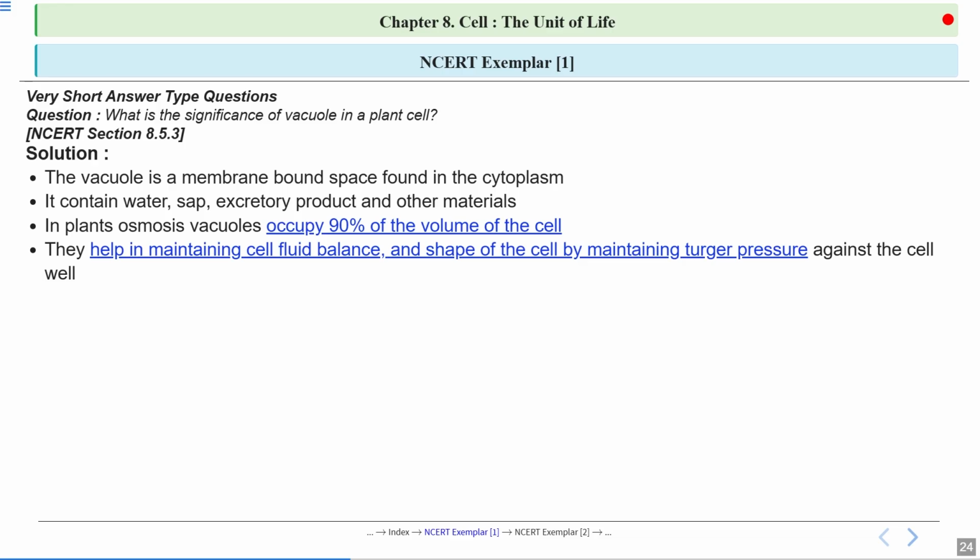They also help in osmoregulation. They help in maintaining the shape of the cell by maintaining turgor pressure. Turgor pressure is very important for maintaining the shape of the cell. Vacuoles can store water, they store sap and some excretory products as well.